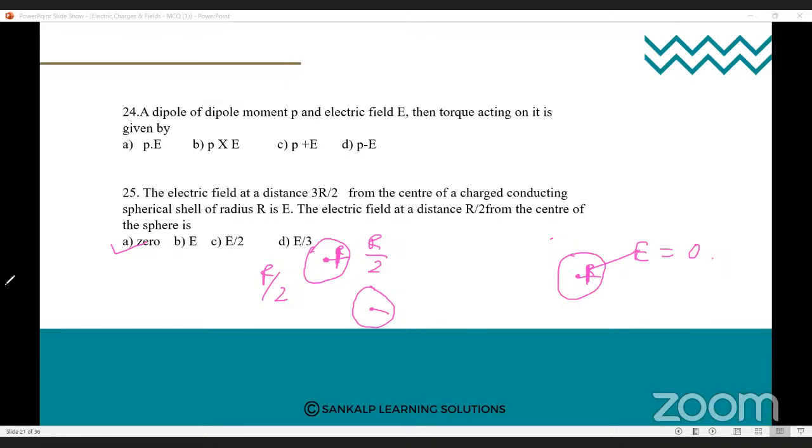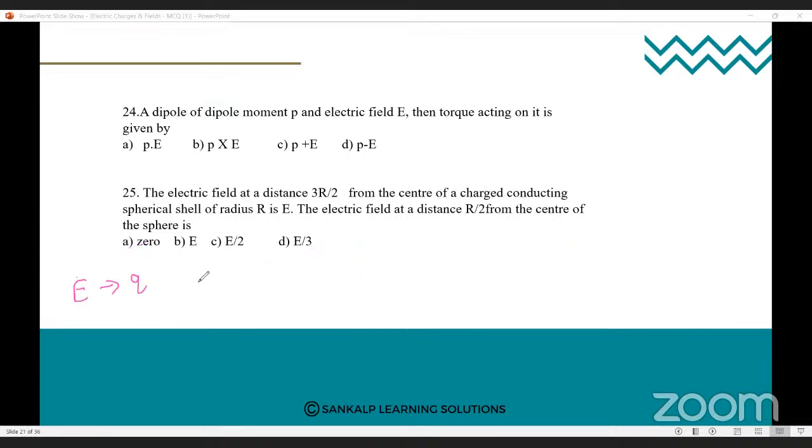According to charge properties, charge only resides on the surface of the body, not inside the body. So charge is 0, therefore electric field value is 0. So in the given question, within the sphere it will come, therefore it is option A.